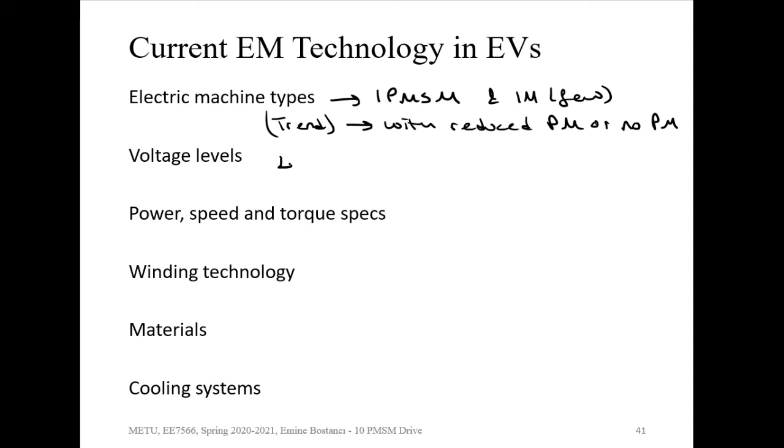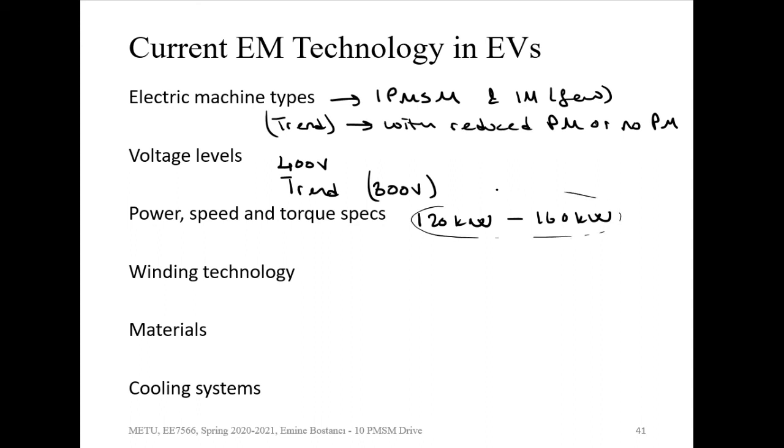Currently, the voltage levels are 400 volts, and the trend is to see 800 volts so that we can do fast charging. Power, speed, and torque specs depend on the vehicles, but we see powers around 120 kilowatts to 160 kilowatts. But these are the peak powers. The continuous powers are going to be less than that.